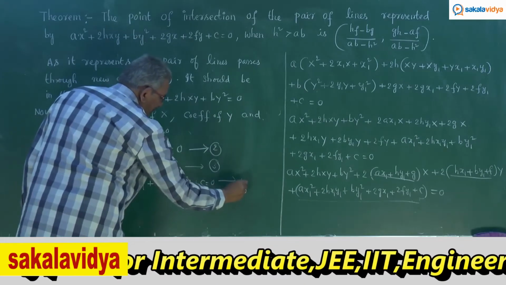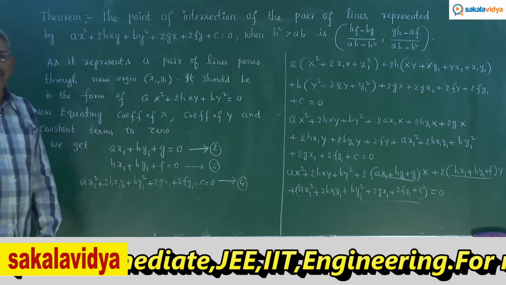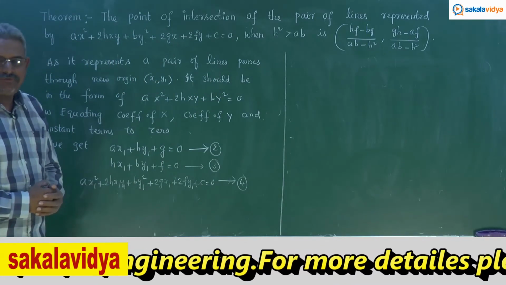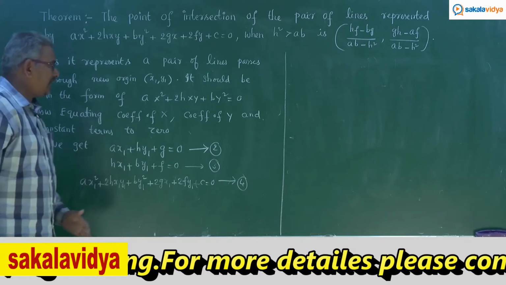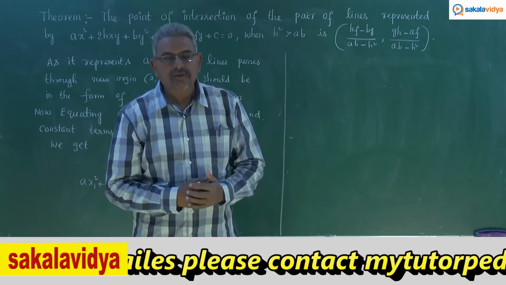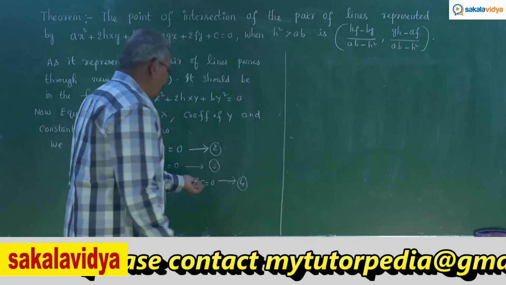This is fourth equation. Okay. Now, solving 2 and 3, we get x1 comma y1 value, that is the required point of intersection of the given pair of lines. So, that means now we need to solve 2 and 3.